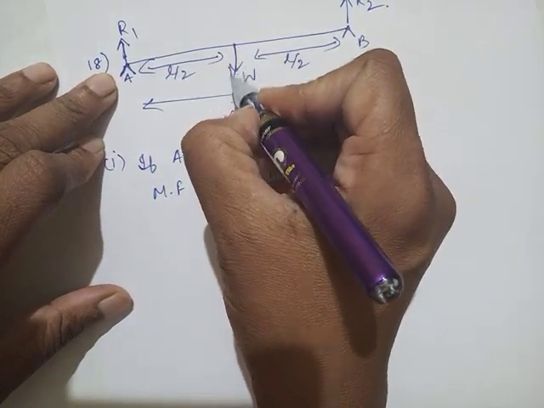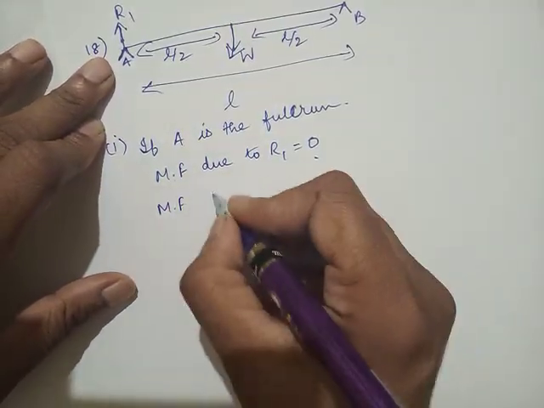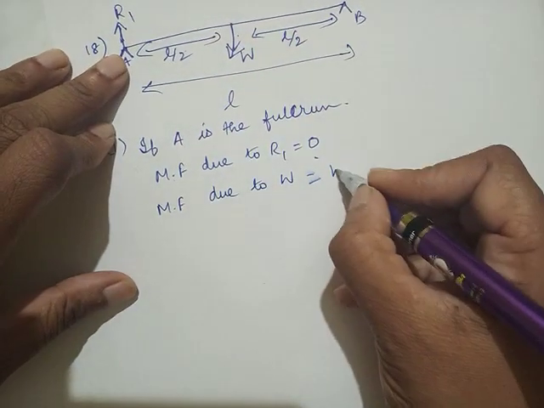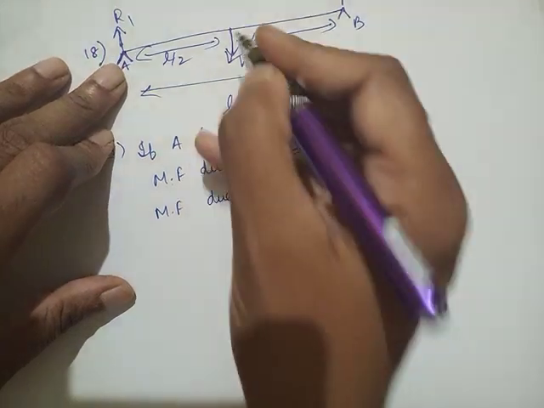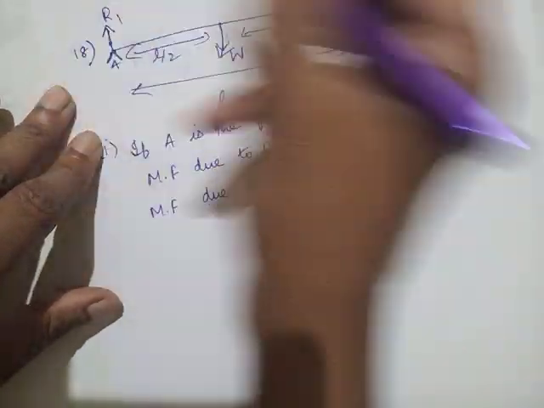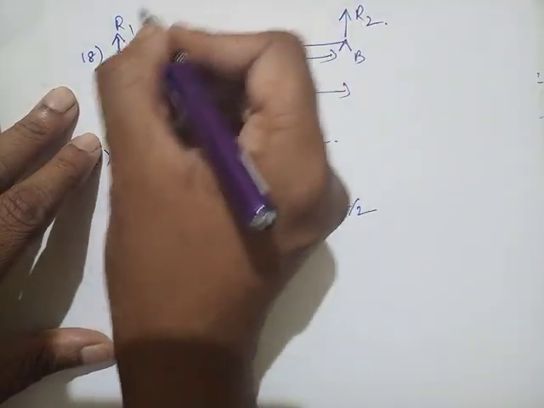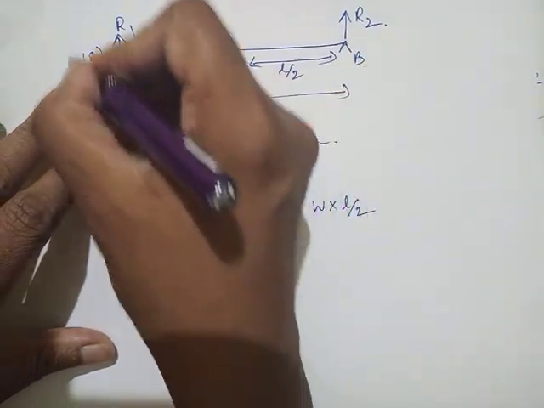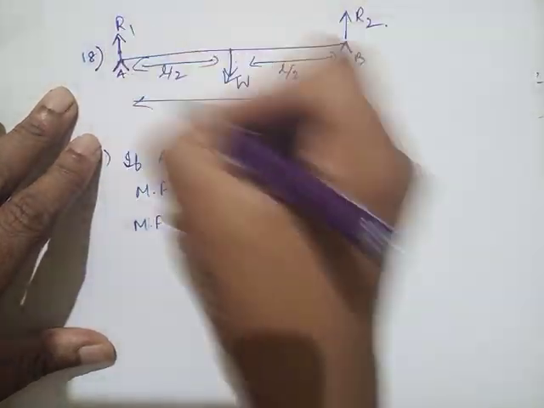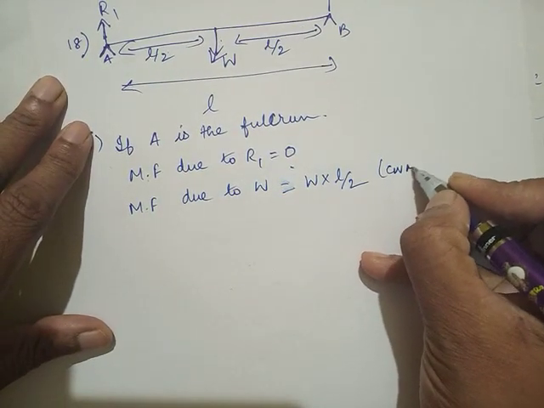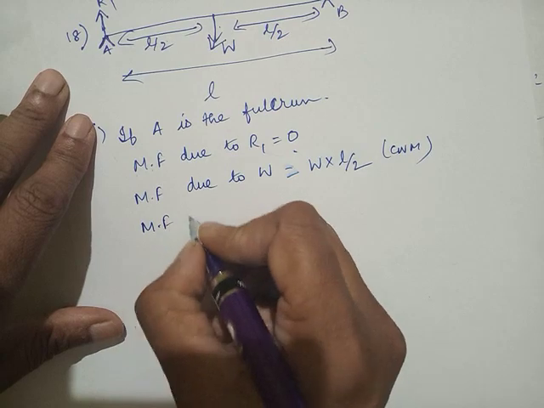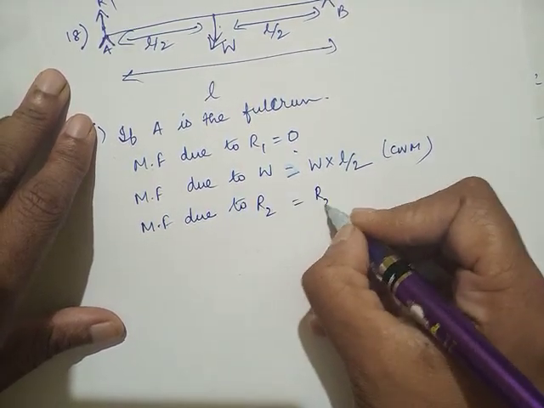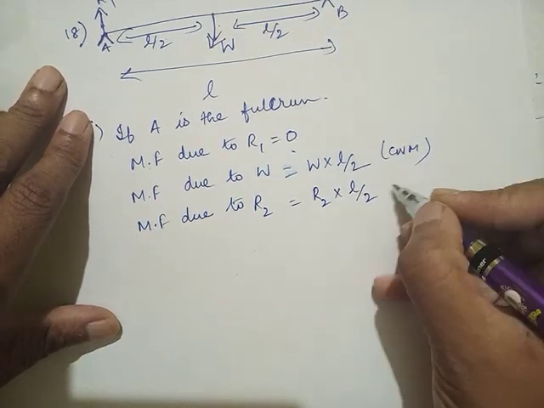Whereas moment of force due to weight W will be W into perpendicular distance, that is L by 2. So this will be your anti-clockwise moment and R2 will be clockwise. And then moment of force due to R2 will be R2 into L by 2.